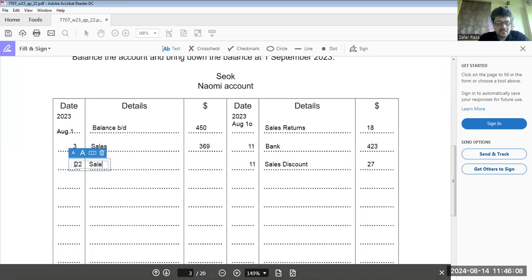Again, sales amount is 207. That's all. Those are the transactions. So what we do on August 31st, we are going to calculate the balance c/d. That would be how much? So before that, we have to take the totals here.